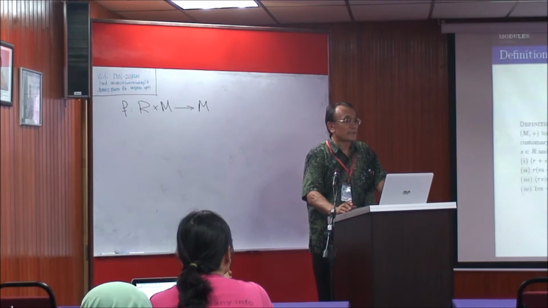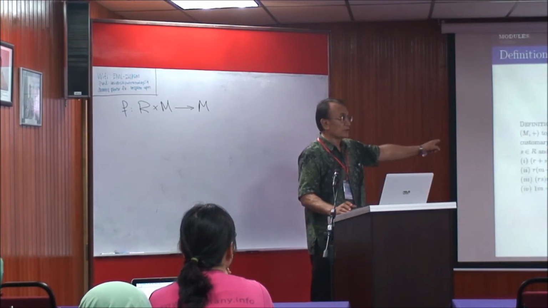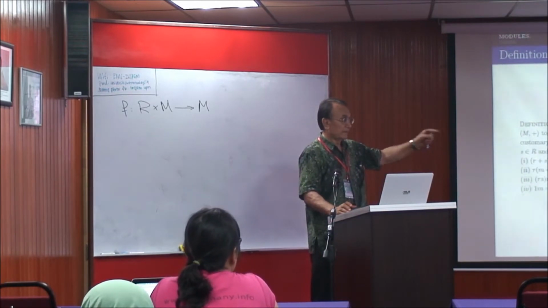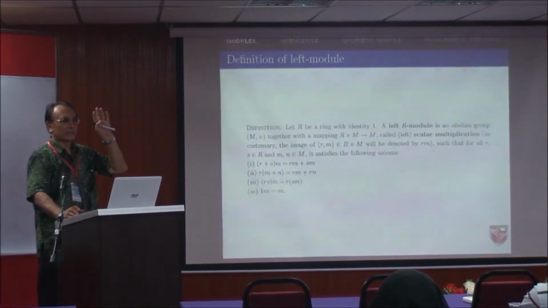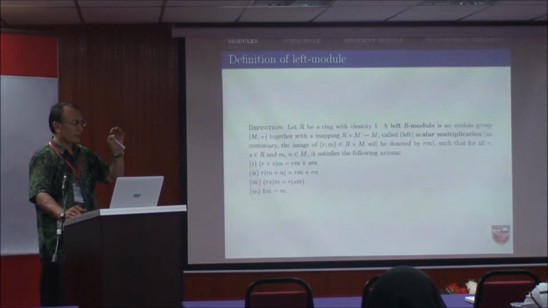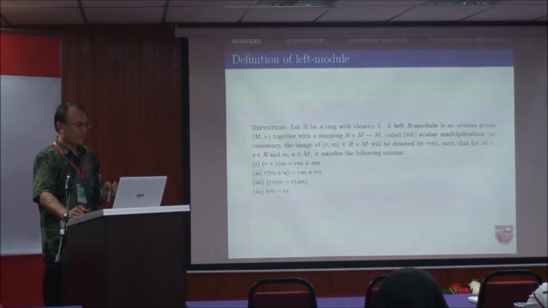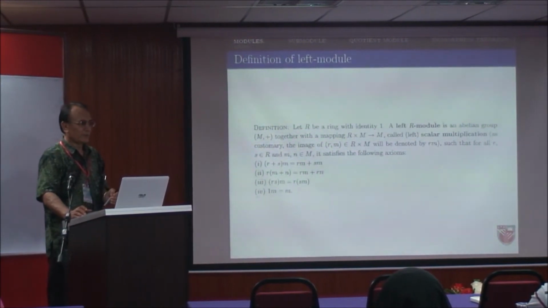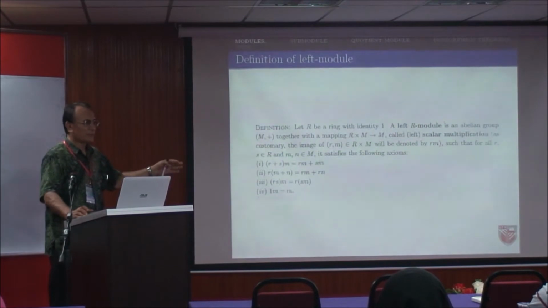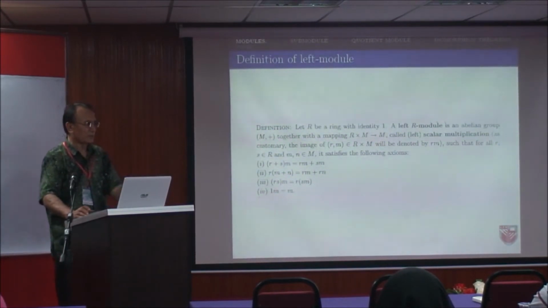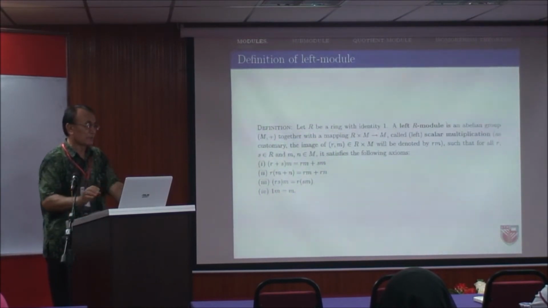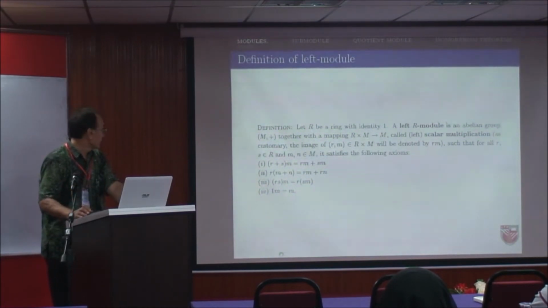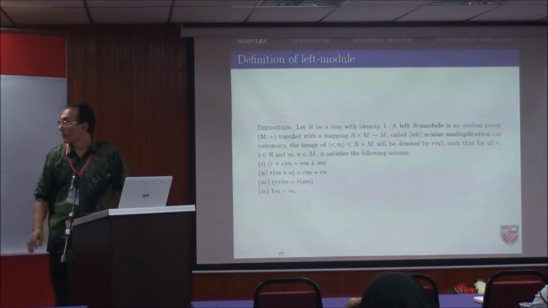Then this function must satisfy these four conditions. Yesterday, the two lectures were too fast because that was undergraduate level material. This one is a bit higher, so I don't want to go fast. Any question, any discussion, you are welcome. So what does it mean?